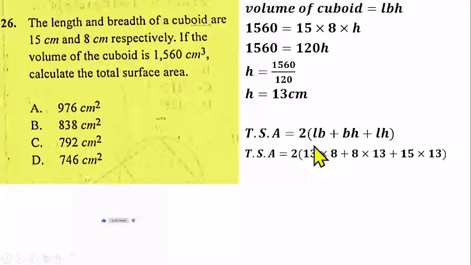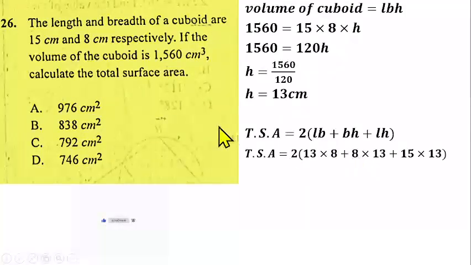Sorry, the length is okay. Even if the answer that the breadth is 8, there's a mistake here, but nevertheless they will still give us the same answer. The length is 15, so we have 15 times breadth, which is 15 times 8.